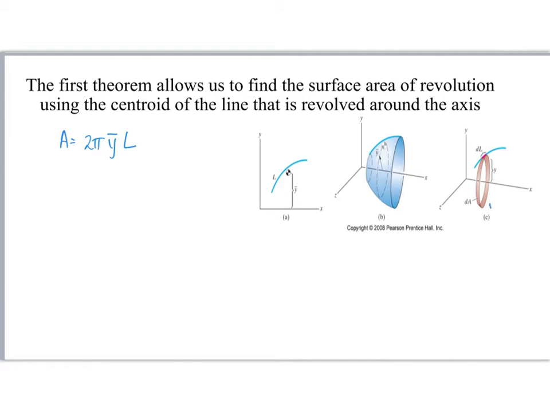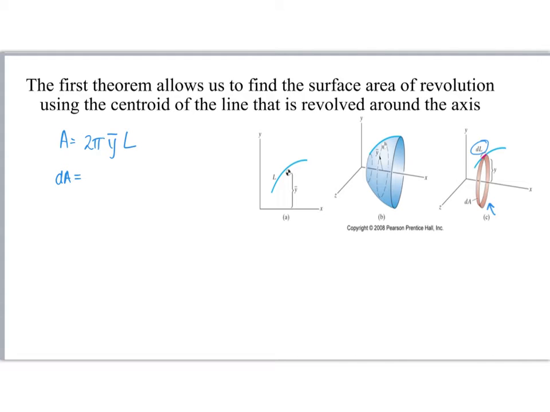In this picture right here, we actually see a strip of the surface area, and we're trying to express how we would calculate the area or what increment of area this would represent. So you can see that the length or the height of the strip is dl, and it's a distance from the x-axis equal to y.